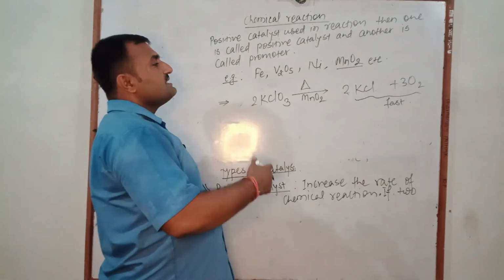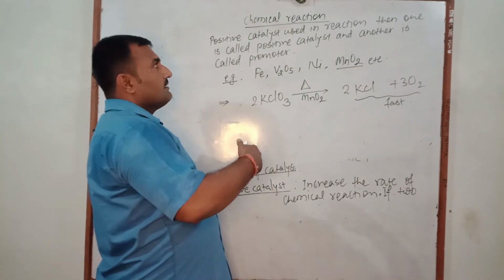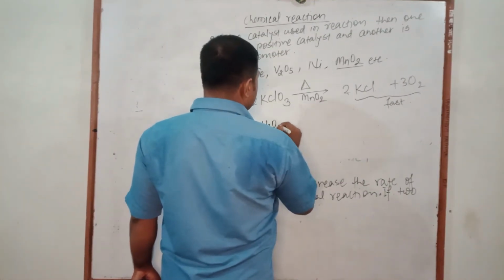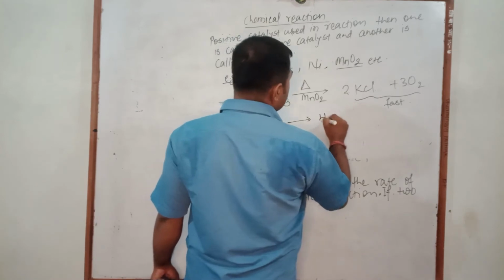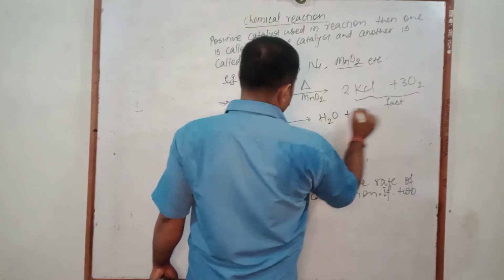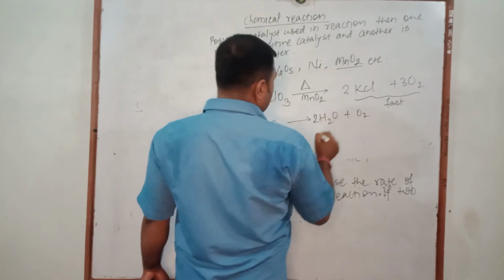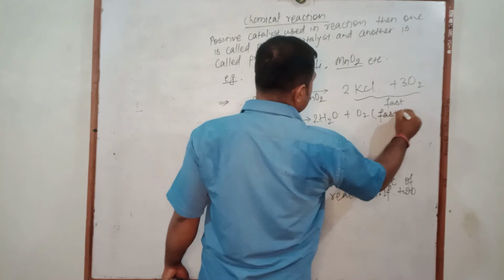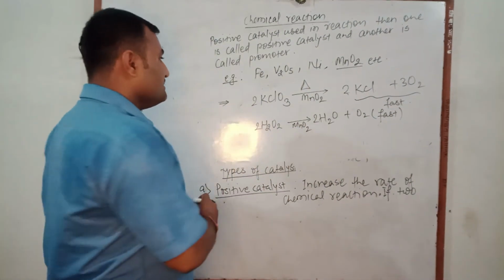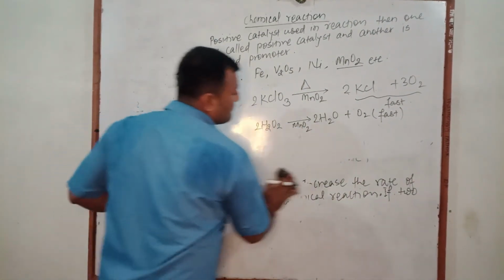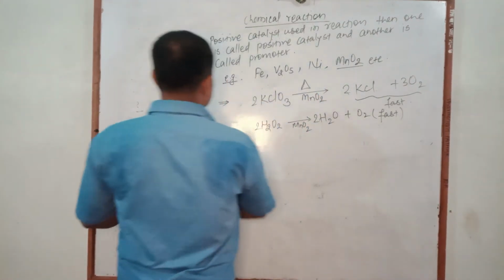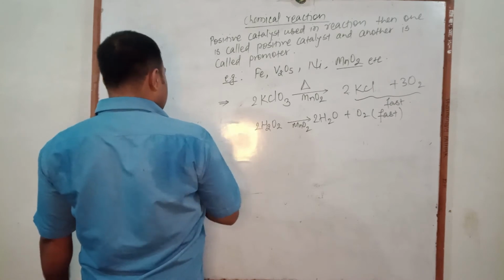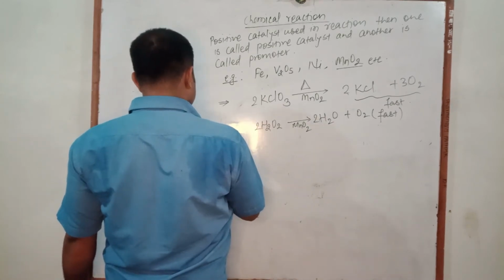In this way, a positive catalyst helps to increase the rate of chemical reaction. When hydrogen peroxide decomposes, it gives water and oxygen. In this reaction also, when manganese dioxide is added, the rate increases. The other type of catalyst is the negative catalyst.